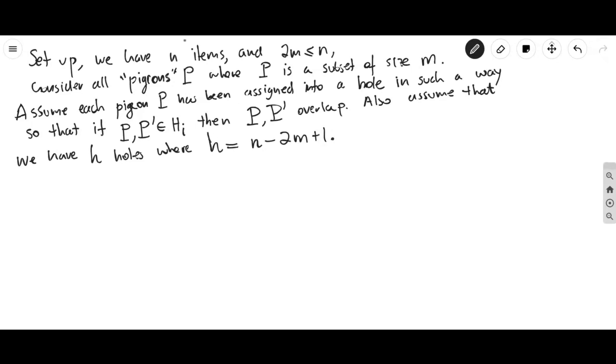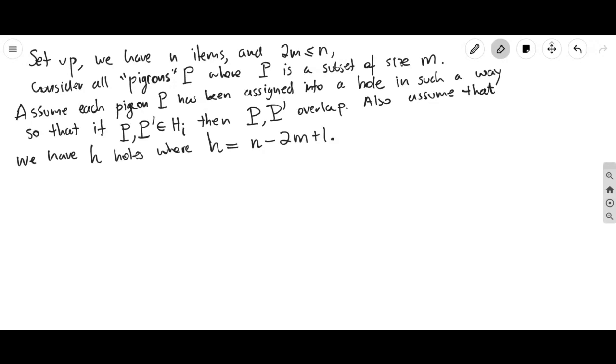So that's what we're trying to prove. We're trying to prove that this number h is the optimal number, and that if you distribute the pigeons among the holes, then they must overlap. I'm sorry, you must necessarily find two of them in the same hole that are disjoint. So we're doing this by contradiction. We're going to assume that all of these pigeons overlap whenever they come from the same hole.